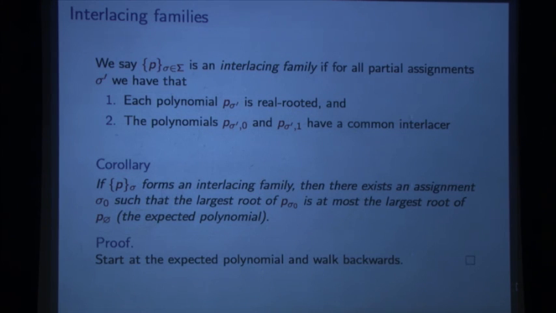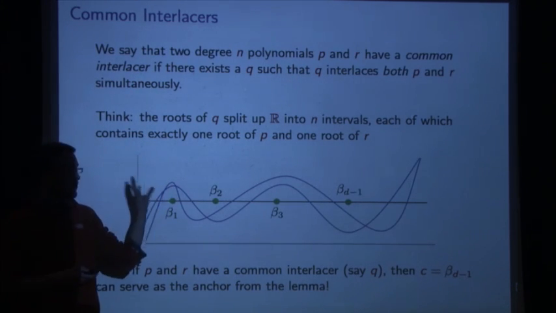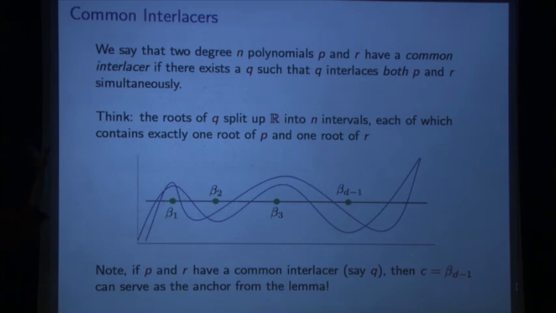P sigma prime was like some average of P sigma 0 and P sigma 1? Yes, it was. You mentioned that if two polynomials have a common interlacer, then the sum has real roots. All the zeros of the average are real. So no. Even in order to define an interlacer, I have to assume that all of these things have all real roots.